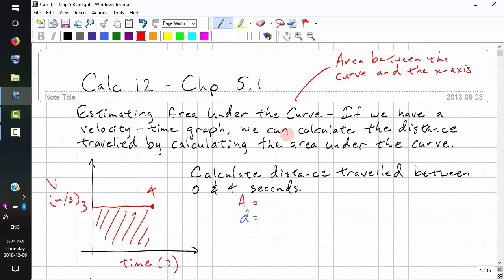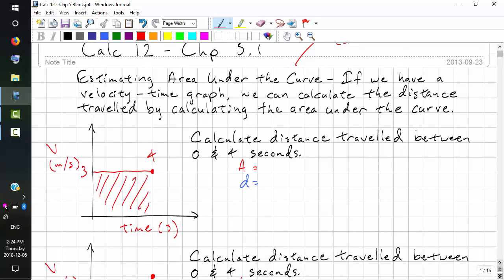If we have a velocity time graph, we can calculate the distance traveled by calculating the area under the curve. So for example, calculate the distance traveled between 0 and 4 seconds. We know the formula for d in physics is velocity times time, and we have 3 meters per second times 4 seconds, that's 12 meters.